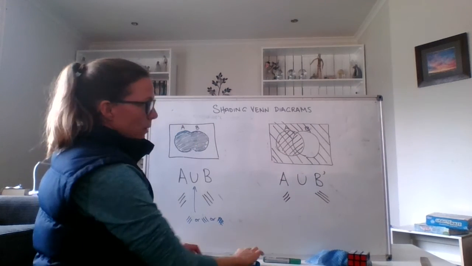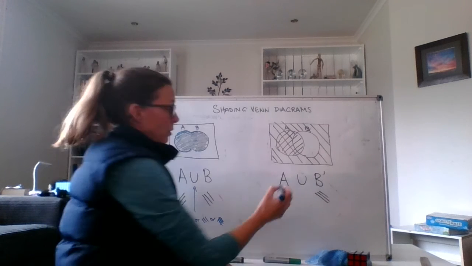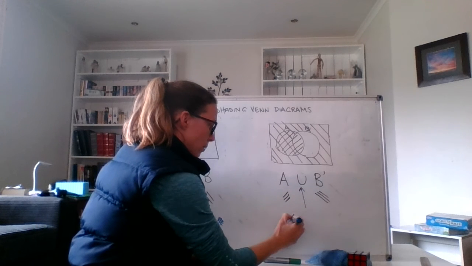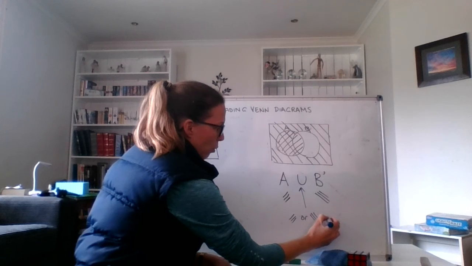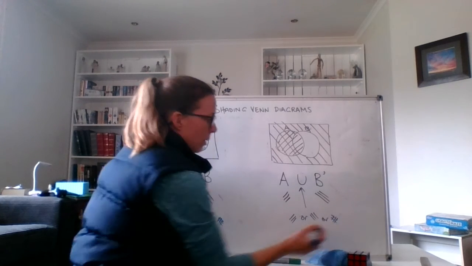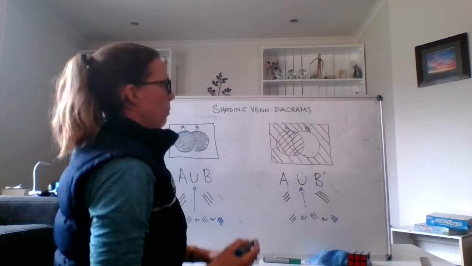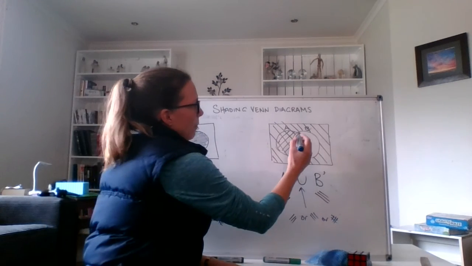Now, again, this is union. So union is lines or lines the other way or cross-hatch lines. Basically, I want everything except that moon shape.